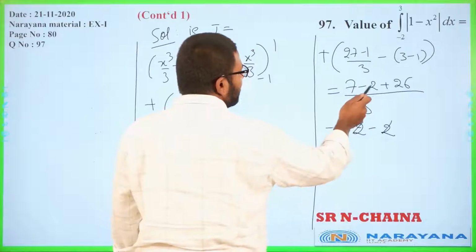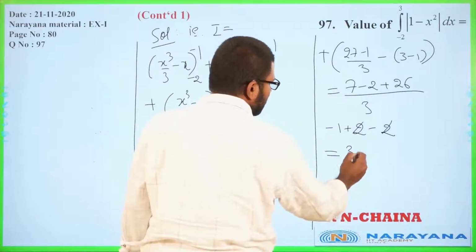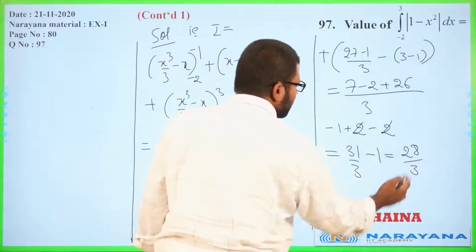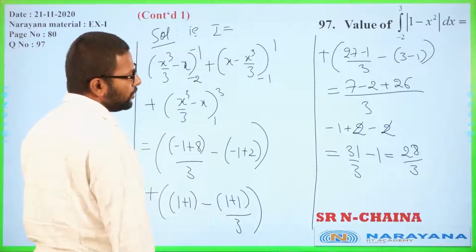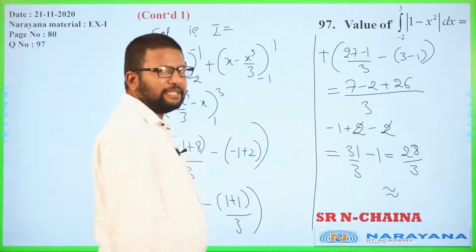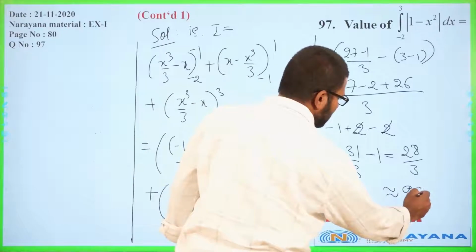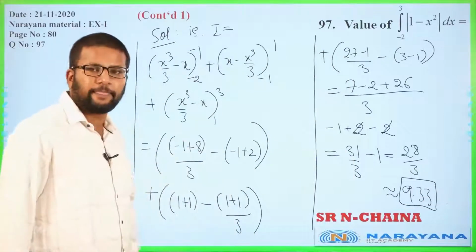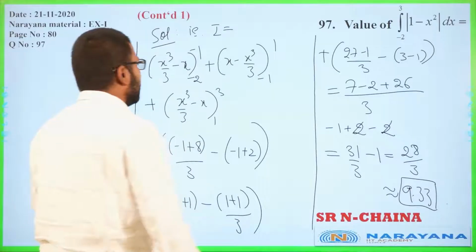There we have 5 plus 26, 31 by 3 minus 1, 28 by 3, right? So 28 by 3 will be approximately, 27 by 3 is 9, so 9.33, correct? 9.33, got it? Okay.